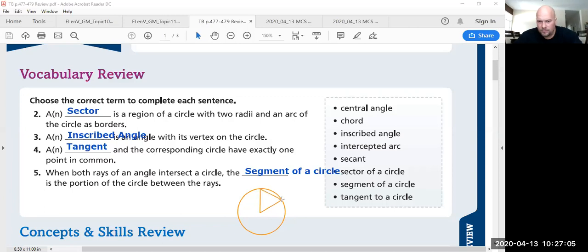I don't really like the way that they wrote this. I think there are better ways to describe a secant, but this is the area that they are talking about on this question. I'm not going to make it that vague if it was a question on a test, but this little piece here, that's our segment. All right.